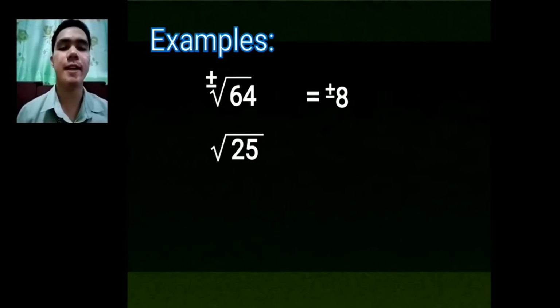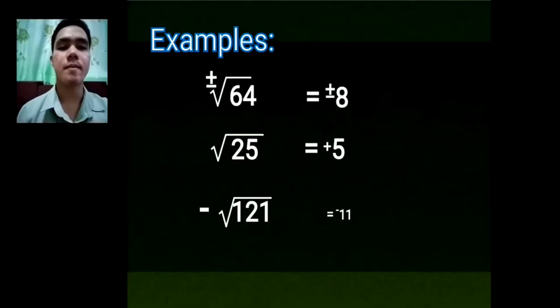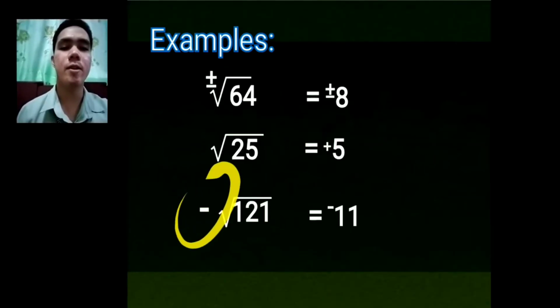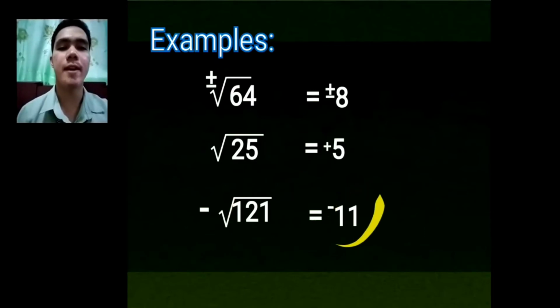Square root of 25. That is positive 5. We just have to find the positive root or the principal root. Then negative square root of 121 is negative 11. We are looking for the negative root. The square root of 121 is 11, so negative 11.